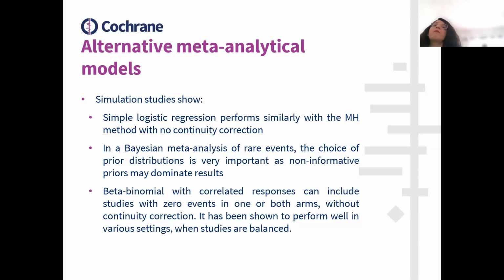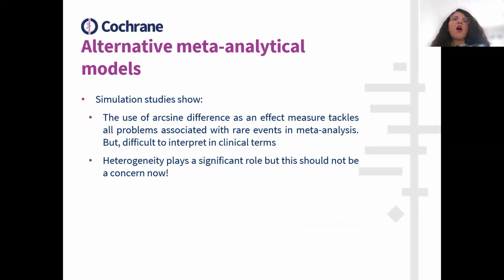We might also use a beta-binomial model with correlated responses, and this model can include studies with 0 events in one or both arms without any continuity correction. This model has been shown to perform really well in various settings when studies are balanced. We can also use arcsine differences, which is an effect measure that tackles all the problems associated with rare events meta-analysis, but usually arcsine differences are very difficult to interpret in clinical terms.